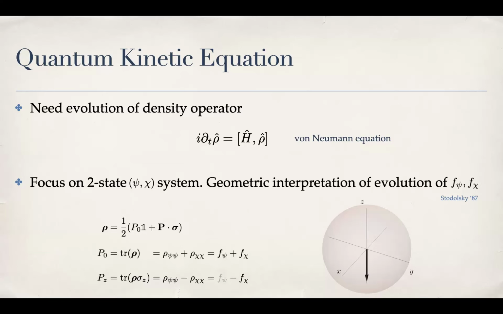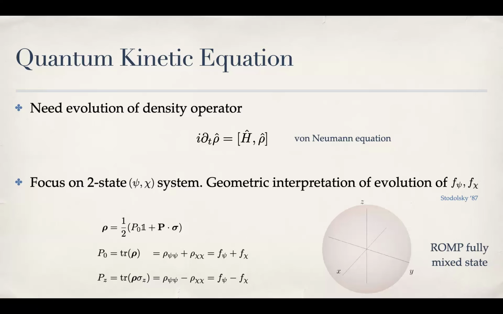So the geometric picture is that you have this polarization vector on this Bloch sphere, this abstract sphere. When it points in the north pole direction, you're entirely polarized as a psi state. When it's in the south pole, you're entirely polarized as a chi. When it's off axis, you have some linear combination of psis and chis, some superposition.